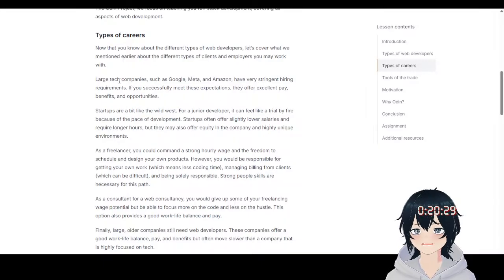There's a client, large stack. Very nice. Phase of development. Highly unique environments, yes.